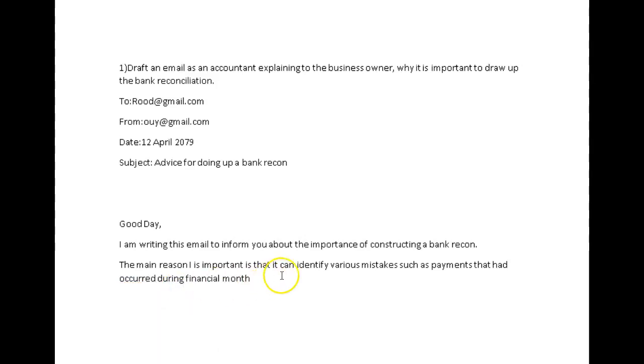Okay, occurred. Okay, so this is your first advice. Now, in the exam, you can expand on this. So now the next advice I will say, you can expand on this like this. So that had occurred during the financial year.